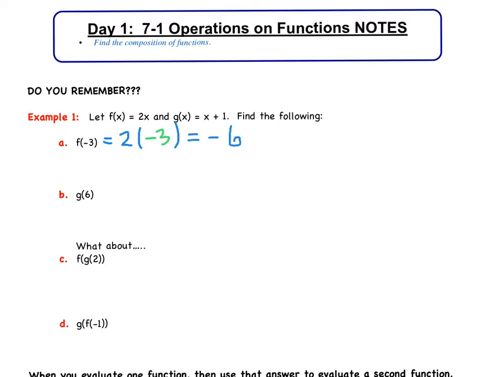Then I simply solve to get negative 6. Looking at g of 6, I'm going to substitute 6 into the equation of g of x. Instead of x, I'm going to write 6 plus 1, evaluate to get 7 there.